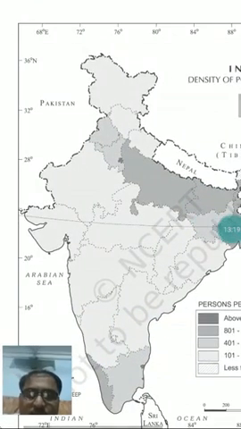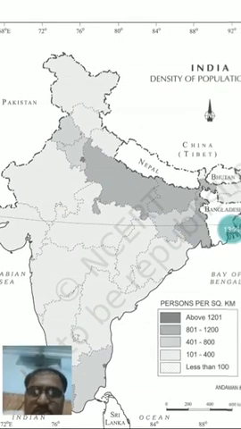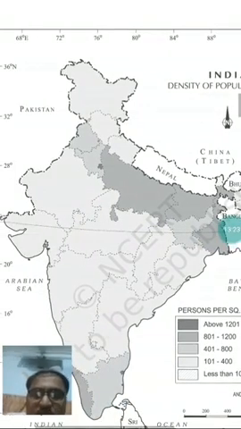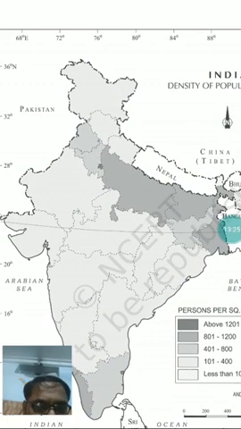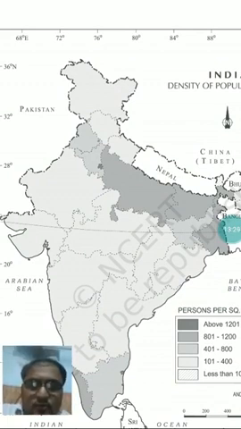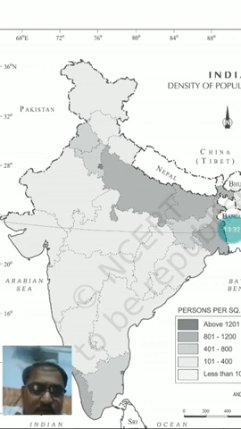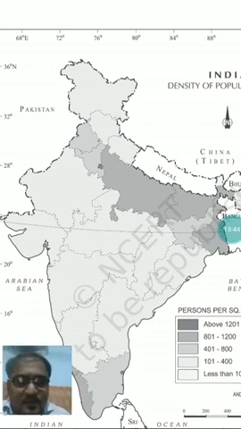Among the moderately populated states, the states like Assam, Gujarat, Andhra Pradesh. Andhra Pradesh has just been broken into two parts, Telangana and coastal Andhra. Then Haryana, Jharkhand, Odisha. These states come under moderately densely populated states of India.